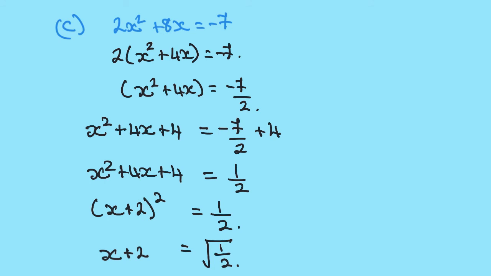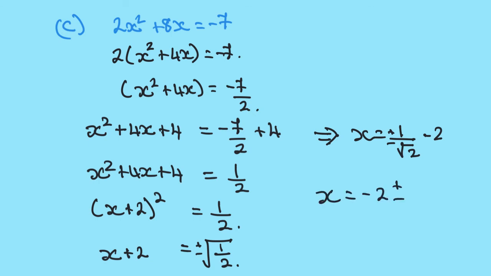Now solve for x. So therefore we get x is equal to 1 over root 2 plus or minus, of course, minus 2. So tidy up, we get x equals minus 2 plus or minus 1 over root 2.